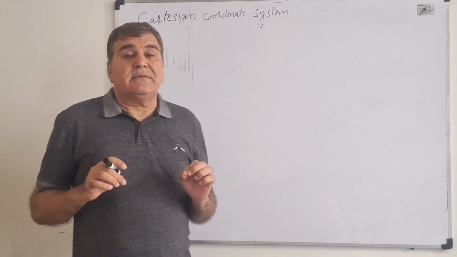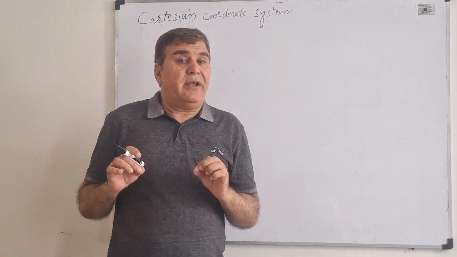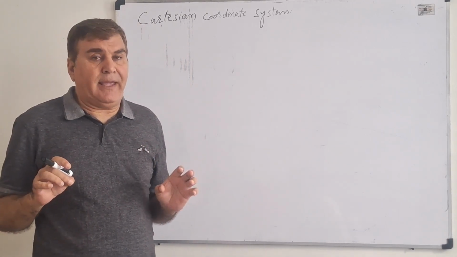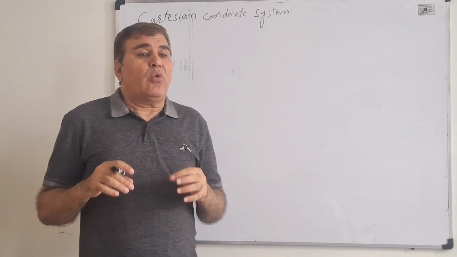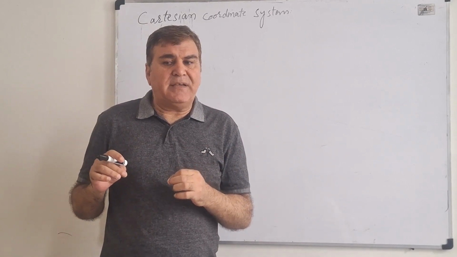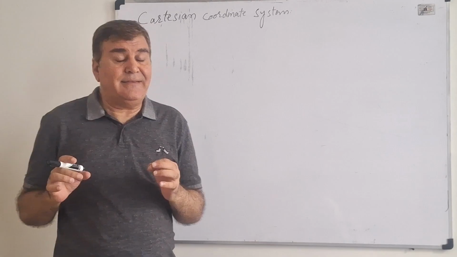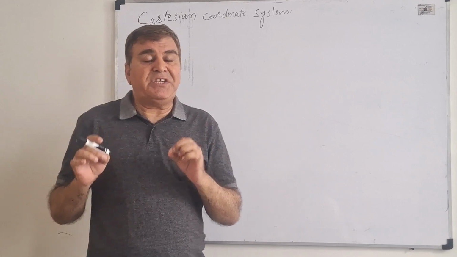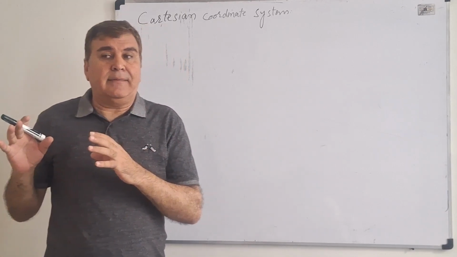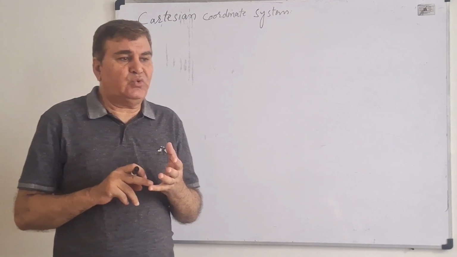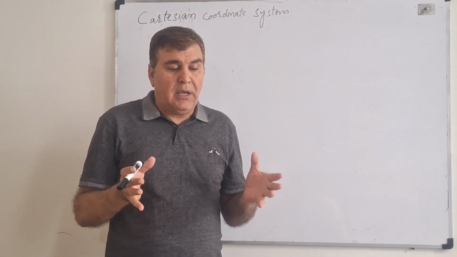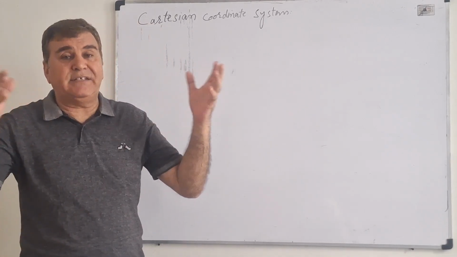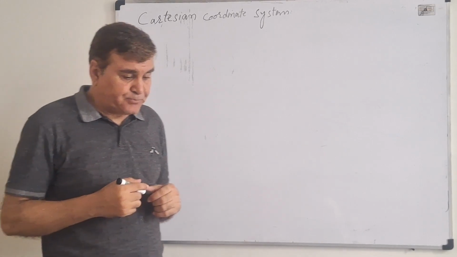A coordinate system assigns a pair of unique real numbers to each point in a plane, and similarly a coordinate system in 3-space, in 3 dimensions, assigns a triple of real numbers to each point in 3-space. When we say 2-space, that means we are dealing with a plane, and when we say 3-space, that means we are dealing with 3-dimensional space.